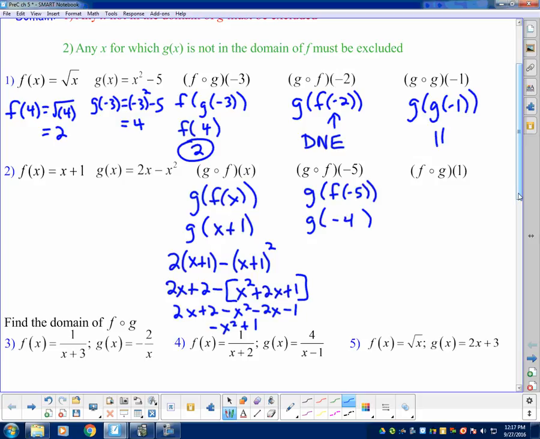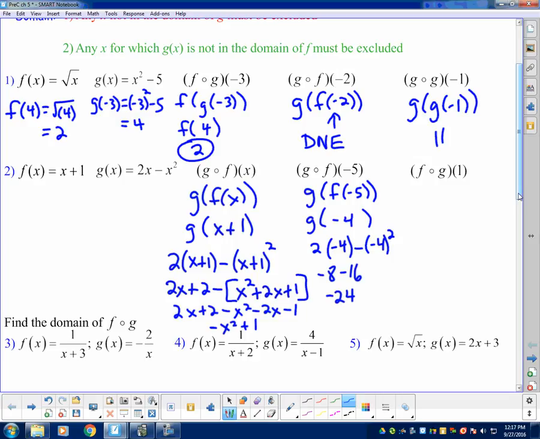G of negative 4 then is, might need to write this down, 2 times negative 4 minus negative 4 squared. With all these negatives floating around, it's nice to write this one down. So negative 8 minus 16, which is negative 24.